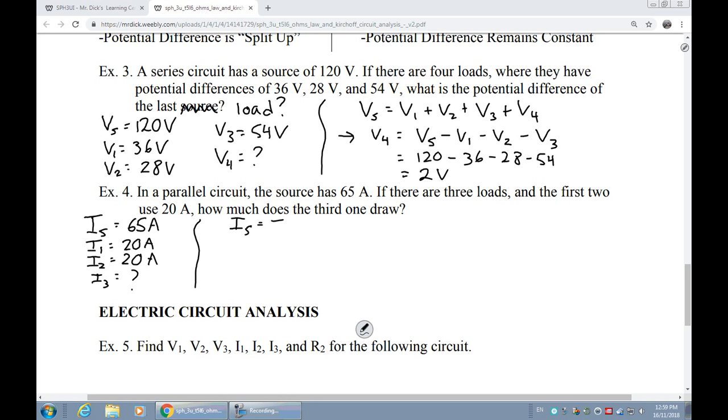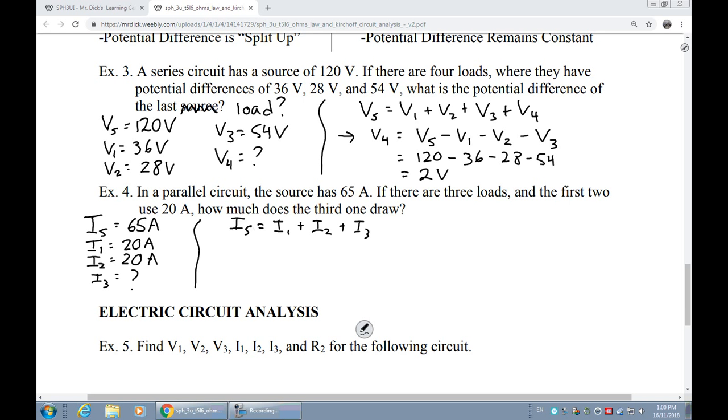And the current that goes through the first one, along with the current through the second one and the current through the third one, all added together are going to give us that total original current that was going through the source. But again, it's I3 that I want and not IS.